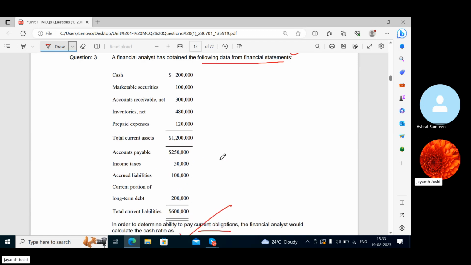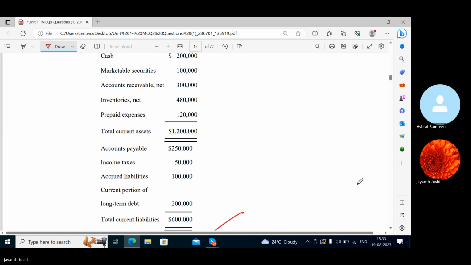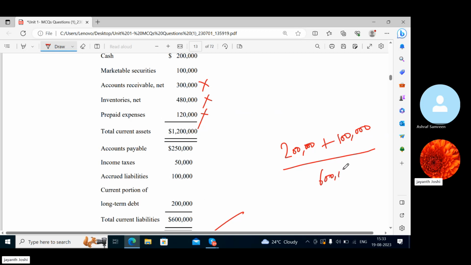I'm waiting. So what do we need to take? Cash and marketable securities. We won't take this. Very good. And then what about the current liabilities? 6 lakhs. Okay. So it is 0.50 is to 1. Good.